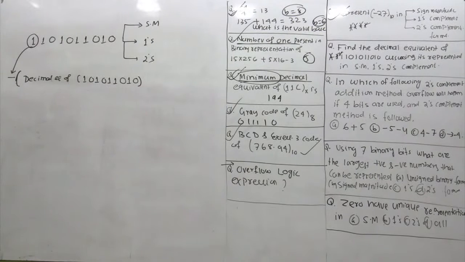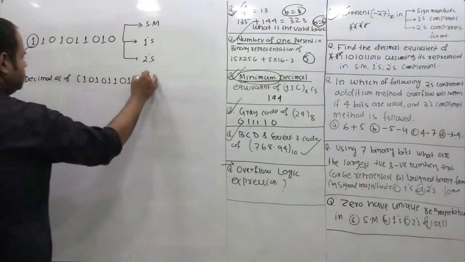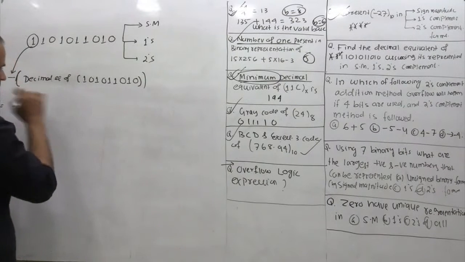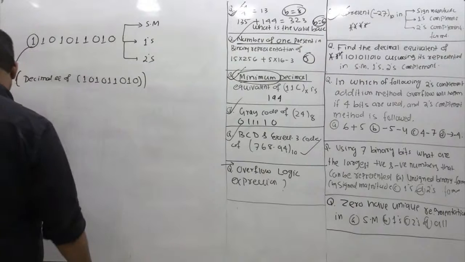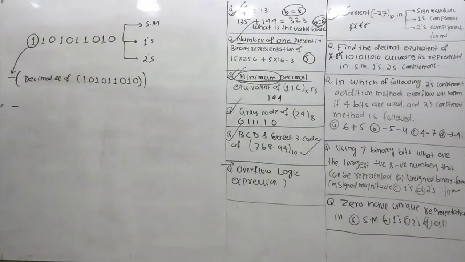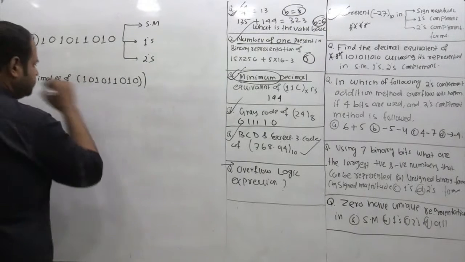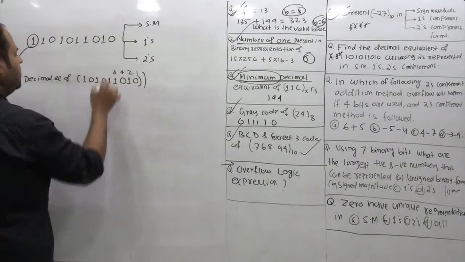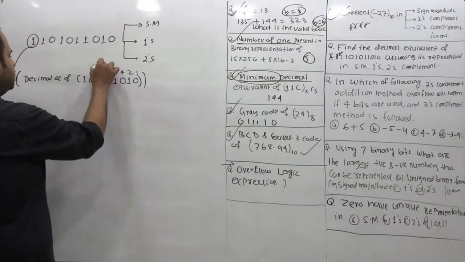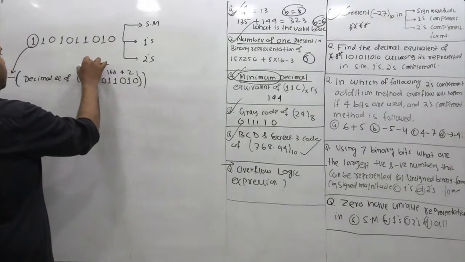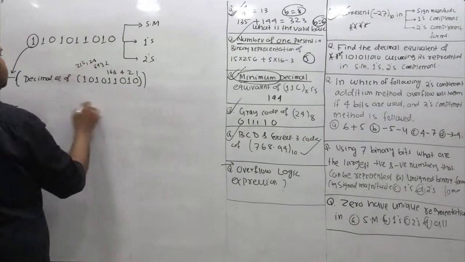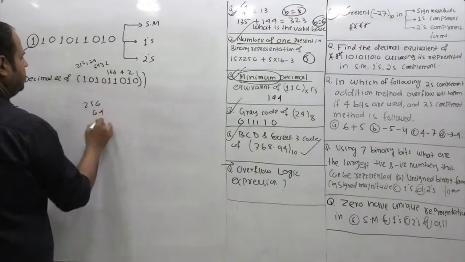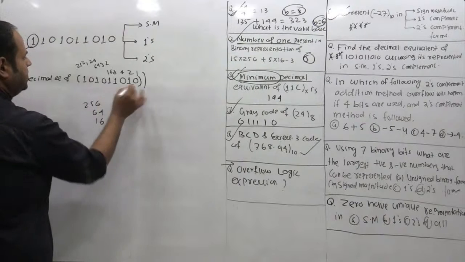How much will this be? So this is equivalent to minus of, so you can find it out. How much is the answer? So this is 8 4 2 1, this is 16, 32, 64, 128, 256. So you have 256, then you have 64, then you have 16, and then you have 10.